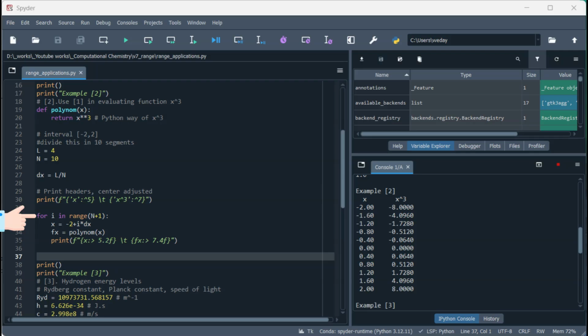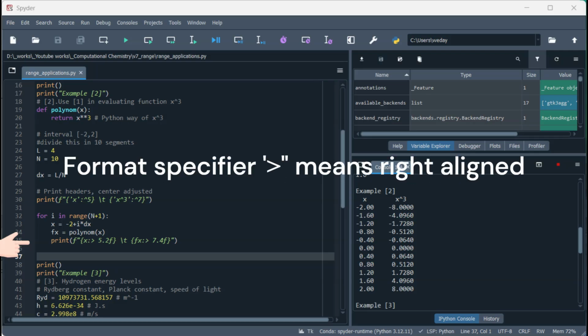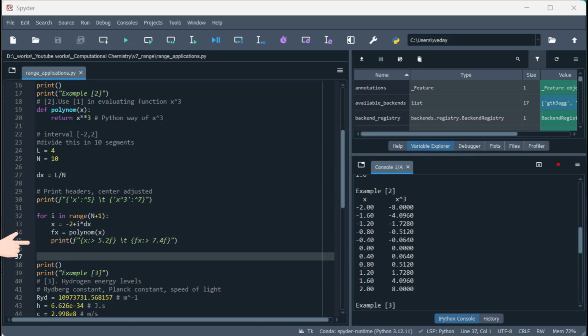Print x >5.2f, backslash t, fx >7.4f. This prints results, right-aligning the numbers and formatting to 2 and 4 decimal places in a field of width 5 and 7, and it gives us a neatly formatted table of x and x cubed values.